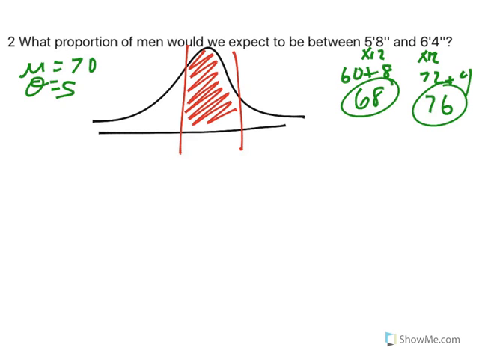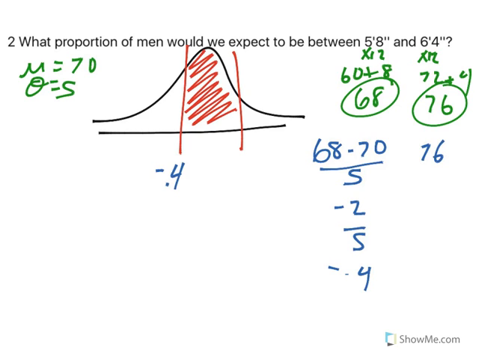So first things first, we need z-scores. Value minus mean over standard deviation. -2 over 5 is -0.4. So this z-score is -0.4. 76 minus 70 over 5 is 6 over 5, which is 1.2.